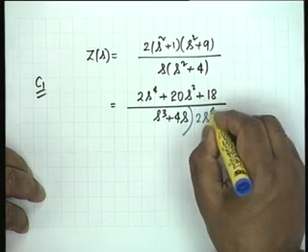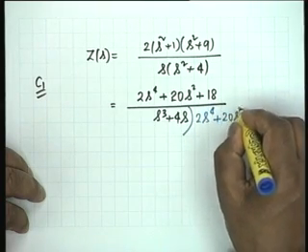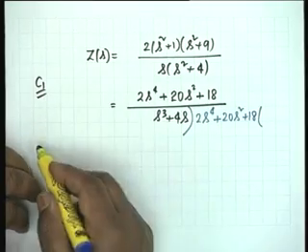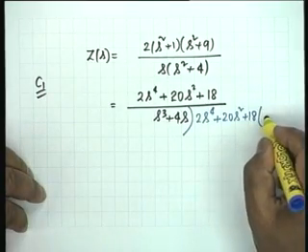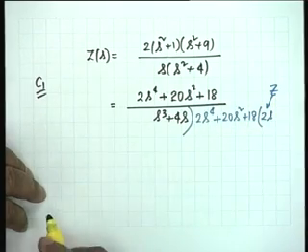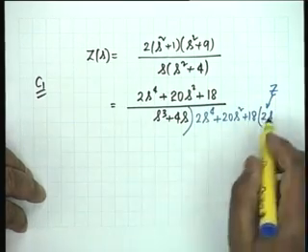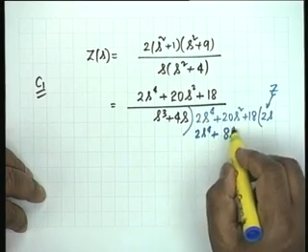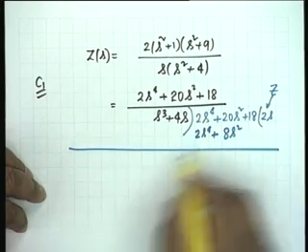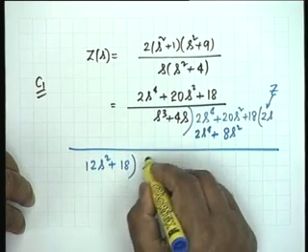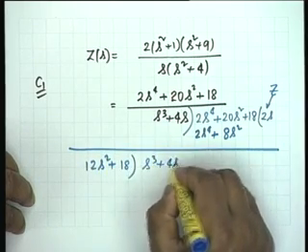Now we start the continued fraction expansion, 2s to the 4 plus 20s squared plus 18. To avoid going like this, we will bring the remainders here. The first quotient is 2s, and this is an impedance. You must identify the dimension. 2s to the 4 plus 8s squared, and you bring here 12s squared plus 18, that divides s cubed plus 4s.